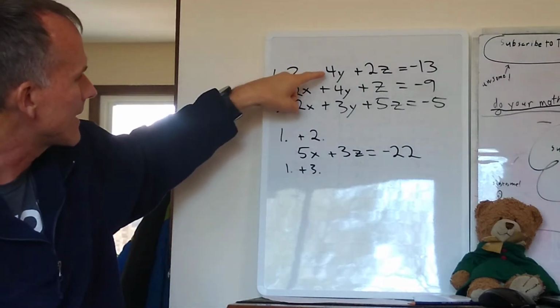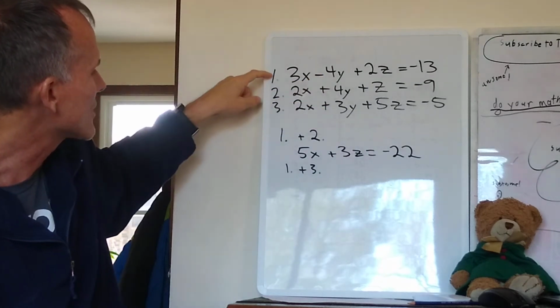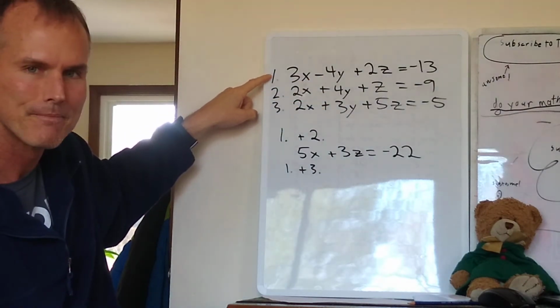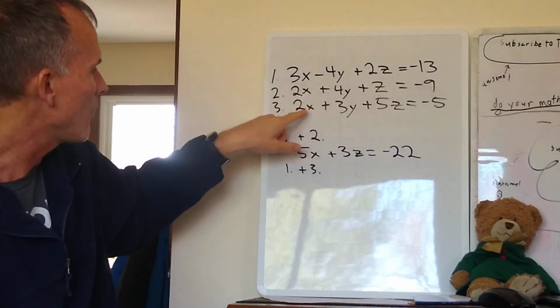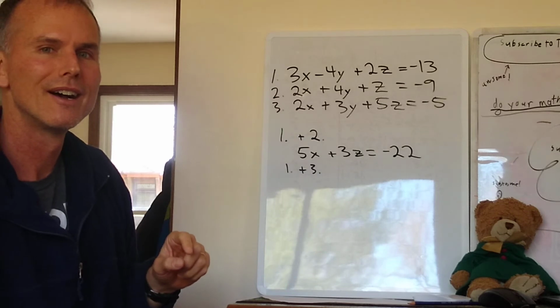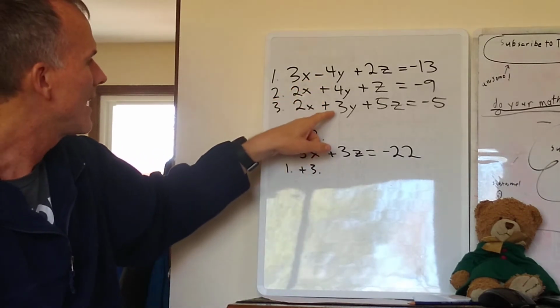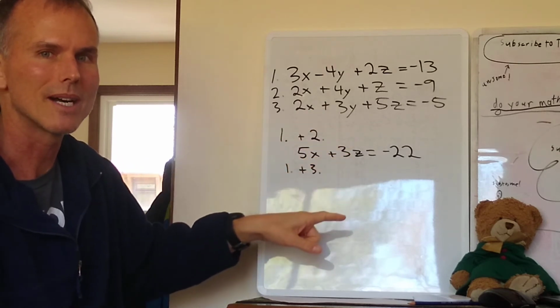So I'm looking at that, and it looks like if I multiply equation 1 by 3 and equation 3 by 4, that'd give me a negative 12y and a positive 12y. And that's what we want.